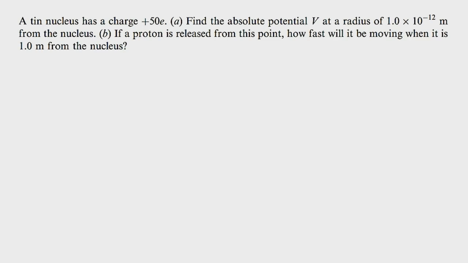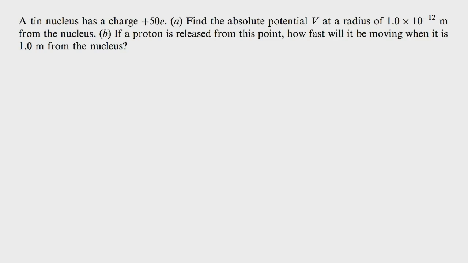Remember that protons carry a positive charge, while neutrons don't have any charge at all. So in the problem here, a tin nucleus has a charge of 50 times the elementary charge, which is the charge of one proton. Since there are 50 protons in there, we have positive 50 times e.